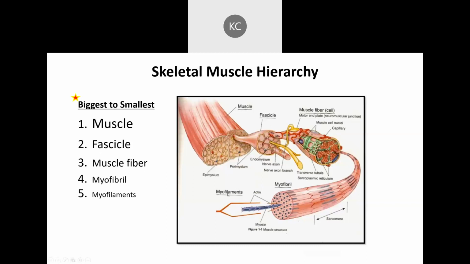So these myofilaments, we'll go into more detail in a few slides here, but these are the proteins, and these are what are actually moving and sliding past each other that produce the contraction that we see on a very gross scale, all right? So these myofilaments make up this large structure called a myofibril. Lots of myofibrils are packed into an individual muscle fiber, and then the fibers are grouped into a fascicle, and the fascicles are grouped into an entire muscle.